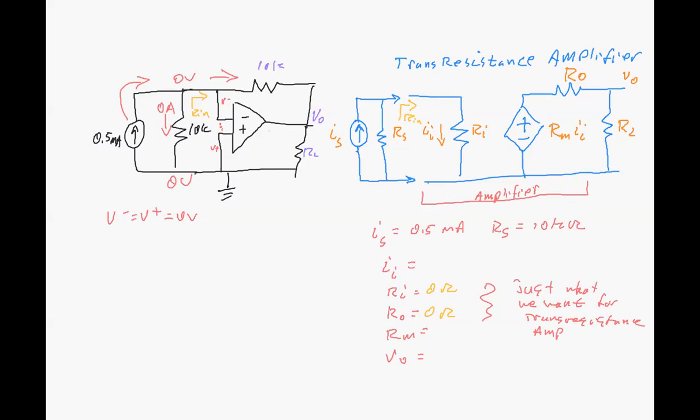So then what's Vout? V minus is equal to 0. And we can find that current, I2, the current flowing in the 10K. I2 is equal to 0.5 milliamps. It's also equal to Ii.